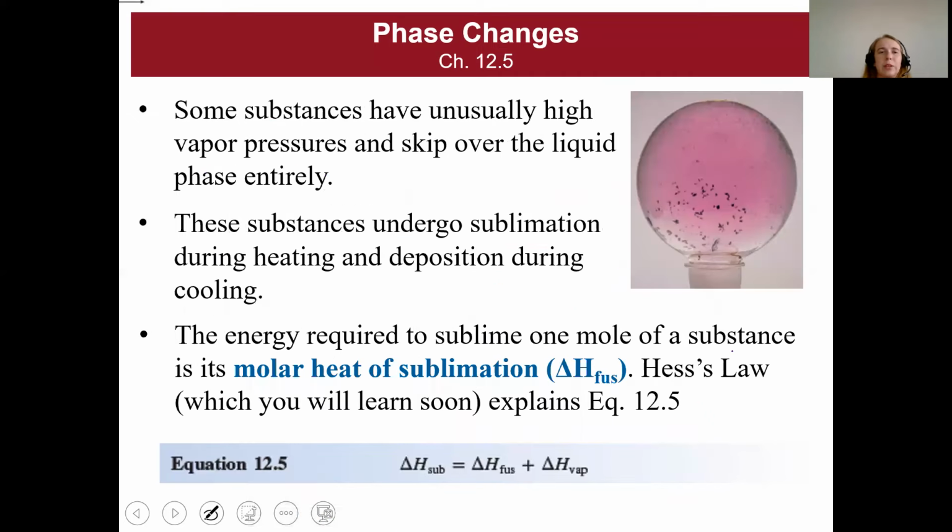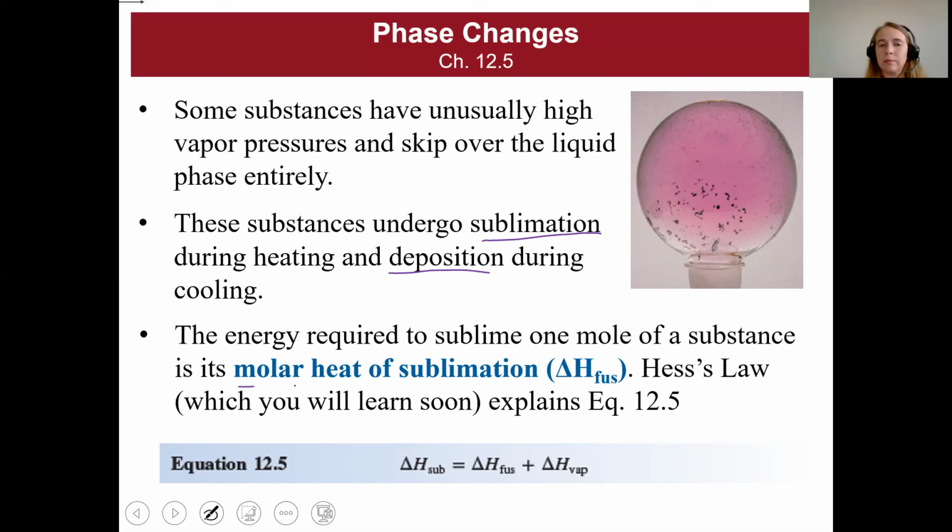And then we also have some substances that have unusually high vapor pressures, and they skip over the liquid phase entirely. These undergo sublimation during heating and deposition during cooling. So sublimation is when we go from solid to gas. Deposition is when we go from gas to solid. And the energy required to sublime 1 mole of a substance is its molar heat of sublimation.